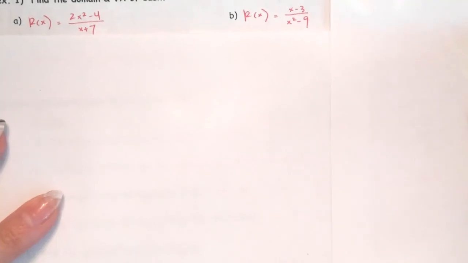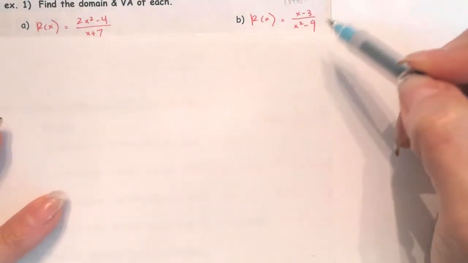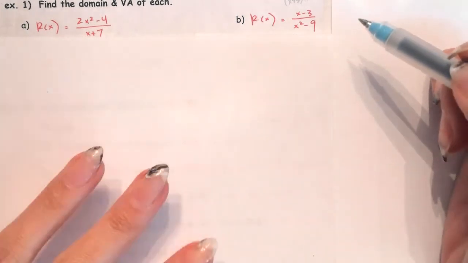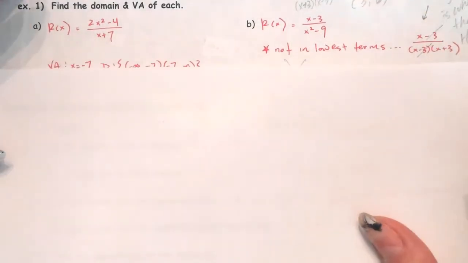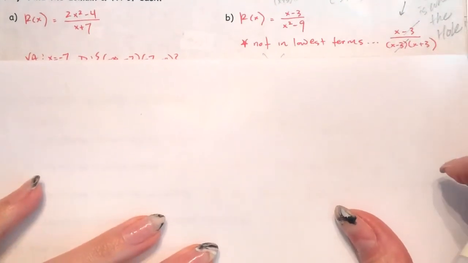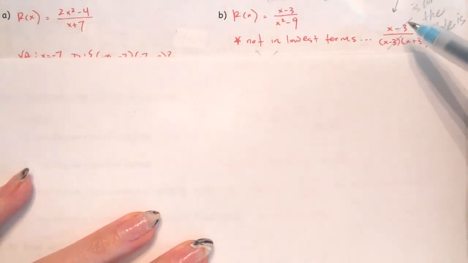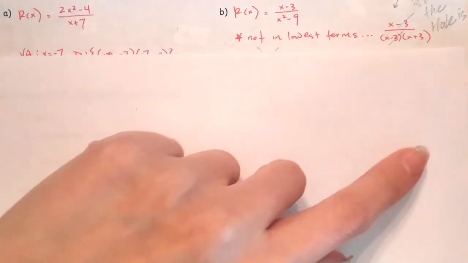Okay, how is B going to look different? So for B, I'm going to go like this so you don't see too much of it. So for B, we start off this way, and then what I said was, okay, now go ahead and factor and see what happens. When you factor, you see that that was not in lowest terms because you would factor the bottom and you get x minus 3 over x minus 3 times x plus 3.